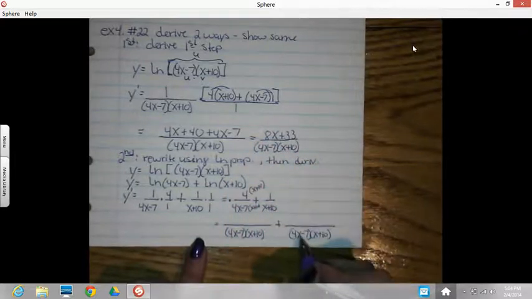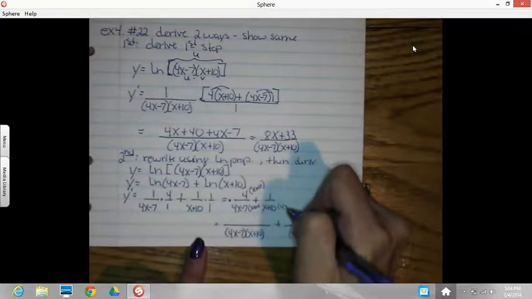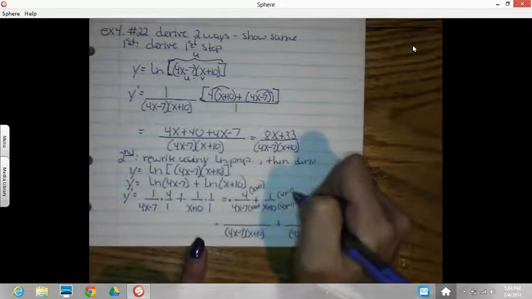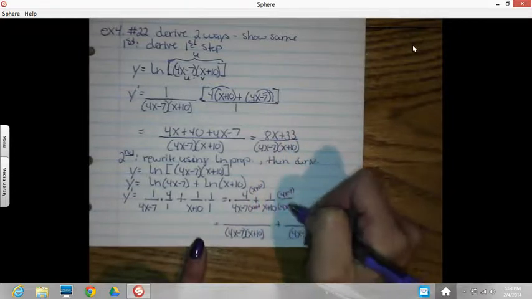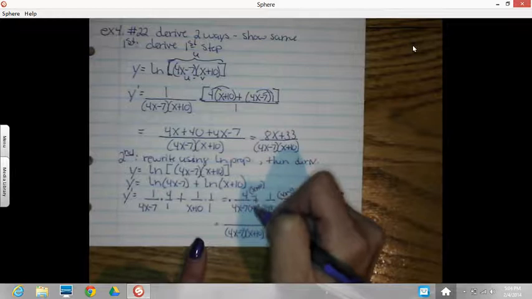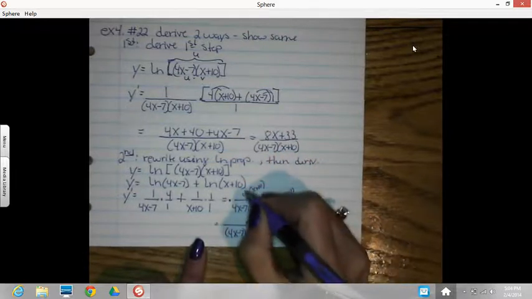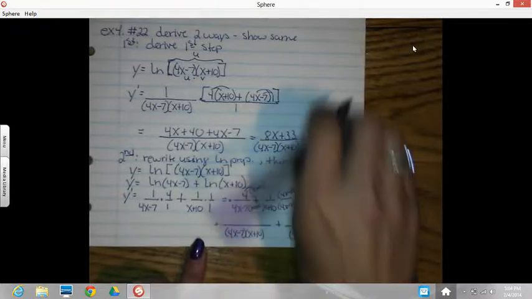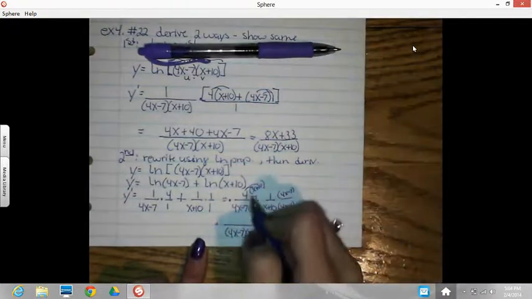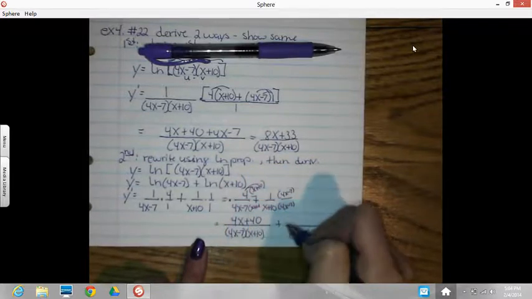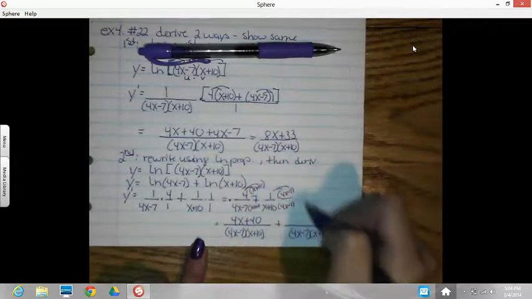I didn't have the 4x minus 7. So that means I got to multiply the top by 4x minus 7. So I'm actually multiplying by a 1 here and by a 1 here. X plus 10 over x plus 10. So if I do that, the 4 gets distributed here. And I have 4x plus 40. Here I distribute the 1.